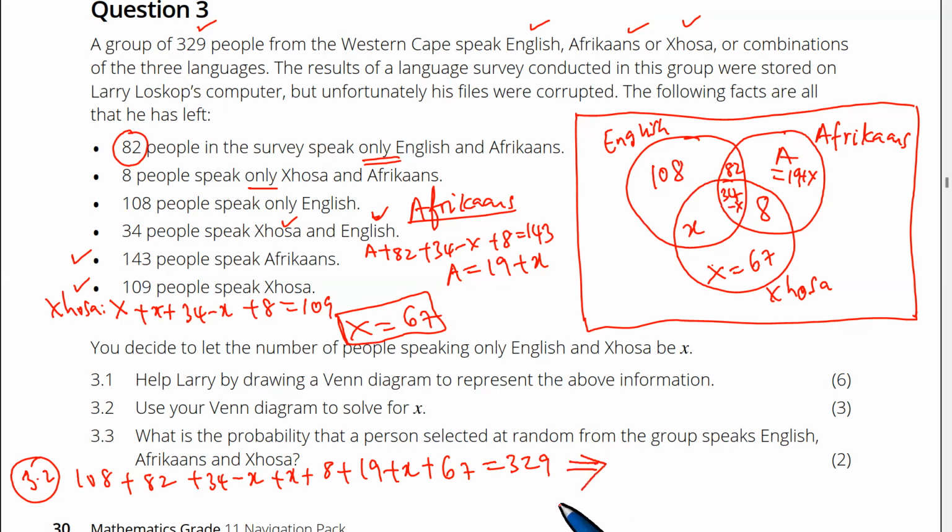If we continue, we want to solve for X. X minus X is 0, then we have X. If you add 108 plus 82 plus 34 plus 8 plus 19 plus 67 and transpose it, it's going to give you 11.